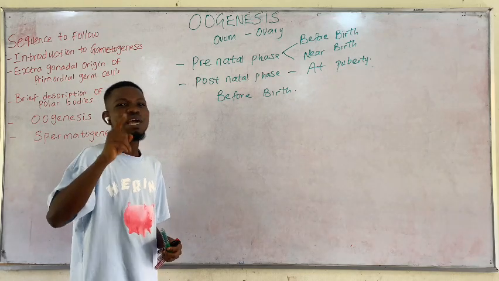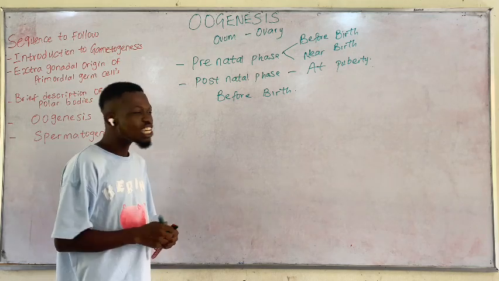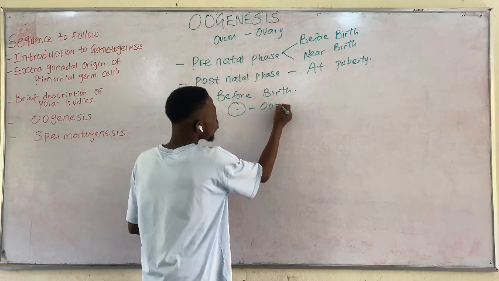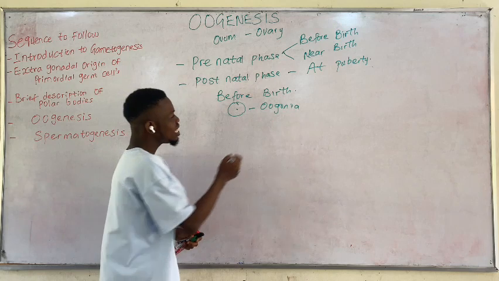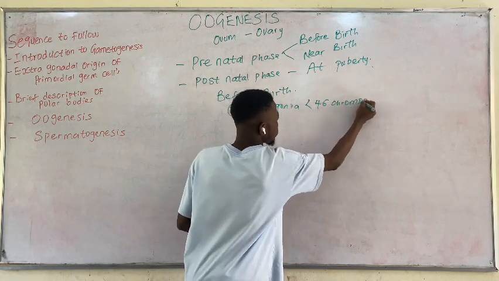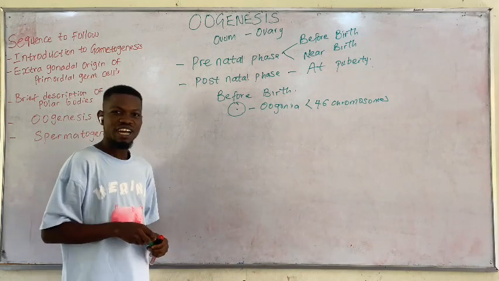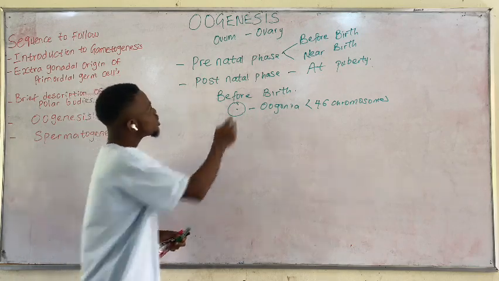Immediately the primordial germ cell migrates into the female gonad, it differentiates into what is called the oogonia. If you don't forget, the oogonia is a 46 chromosome structure.